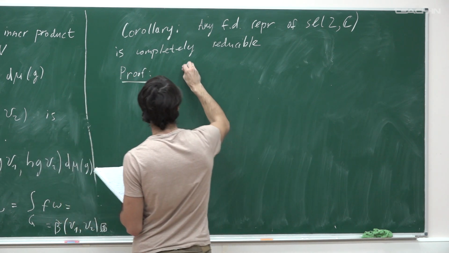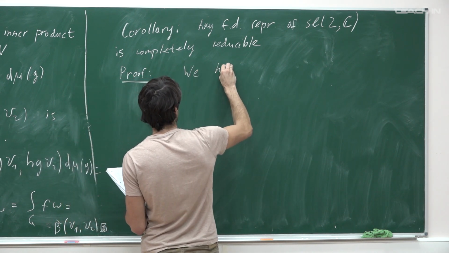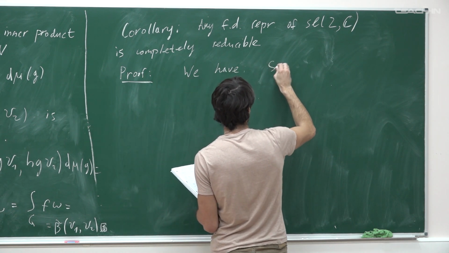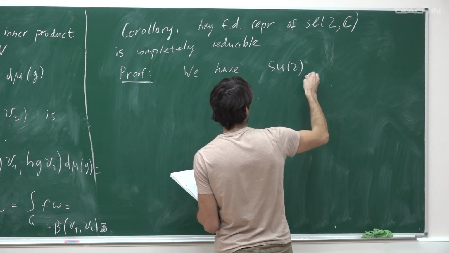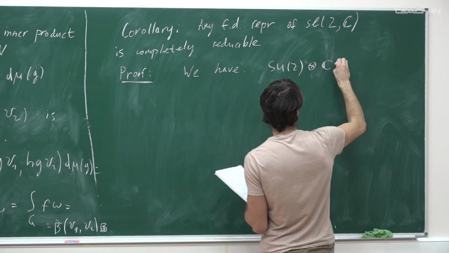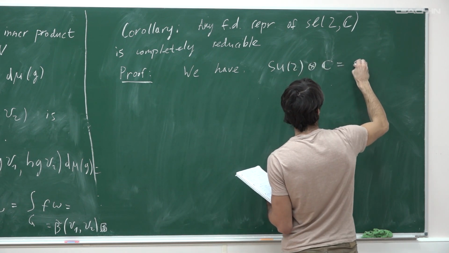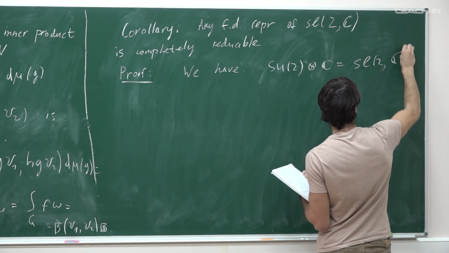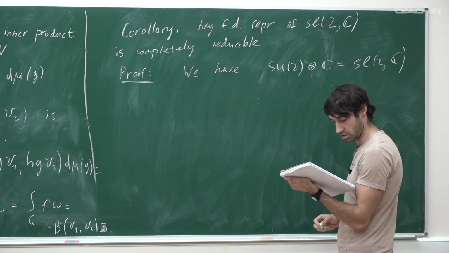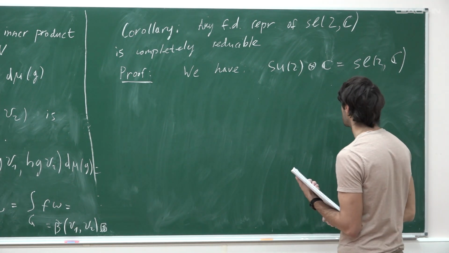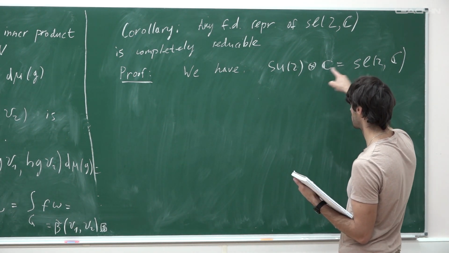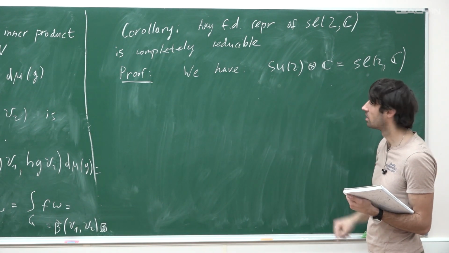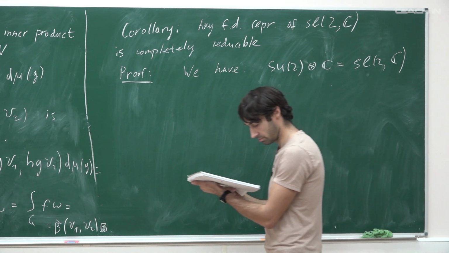We actually have that SL2C is the complexification of SU2. So in particular, any finite dimensional complex representation of this is a complex representation of this, and the other way around.